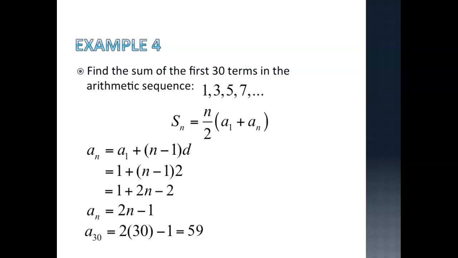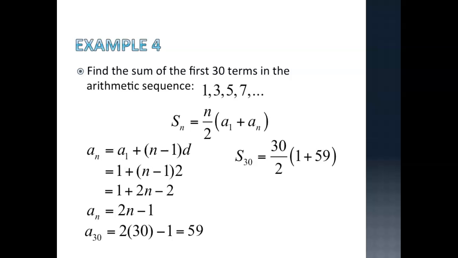This example is asking us for the sum of the first 30 terms. So we're going to use that formula so as to avoid having to find the first, second, third, fourth, all the way up to the 30th term and then add them together. So here's the formula. So S30, the sum of the first 30 terms, is equal to 30 over 2.